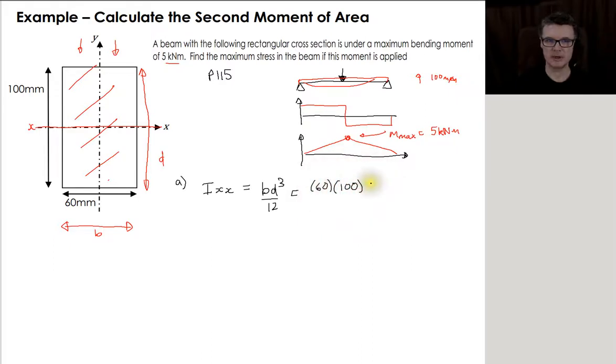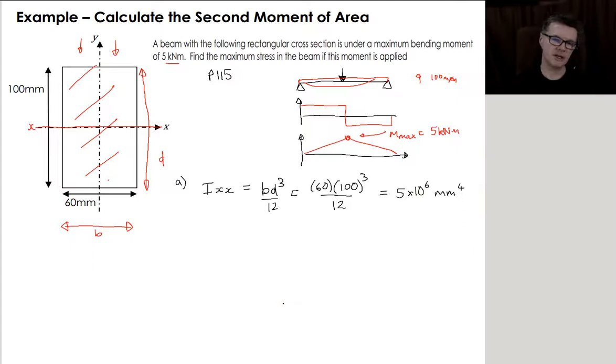The depth is 100 millimeters to the power 3. Divide that by 12 and we get the result of 5 times 10 to the 6 millimeters to the power 4.